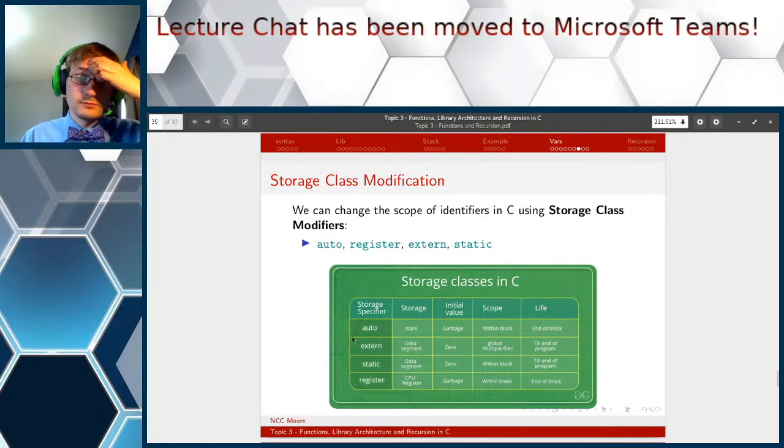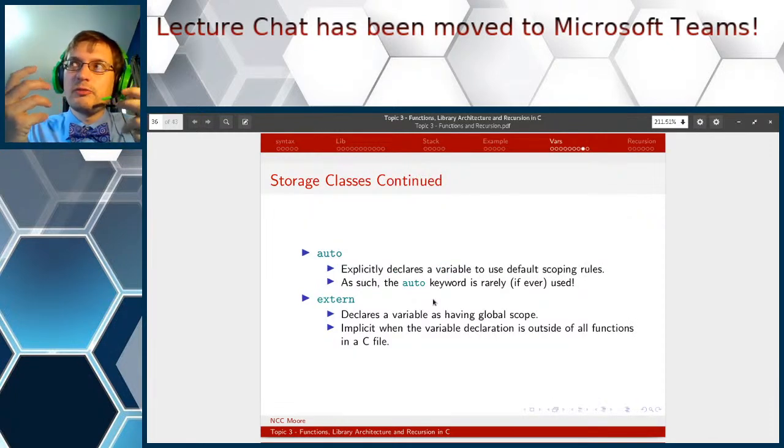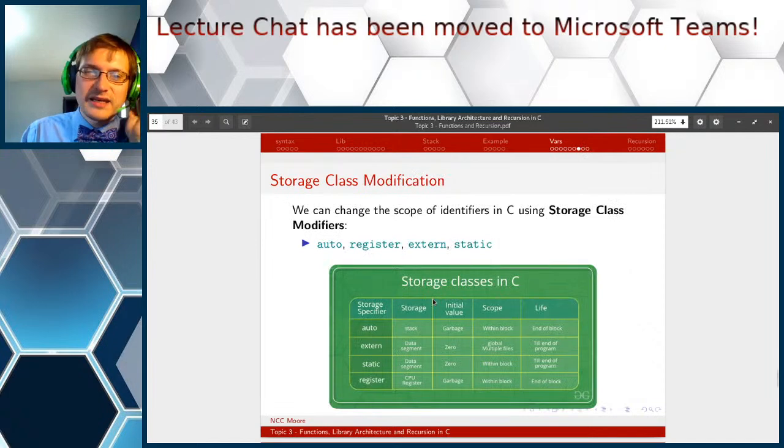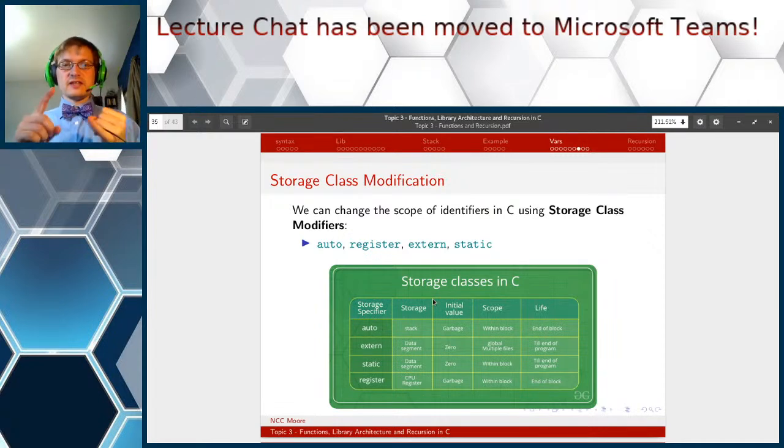So, automatic variables are the variables you've been using so far. They are stored in the stack. They are initially populated with garbage data.